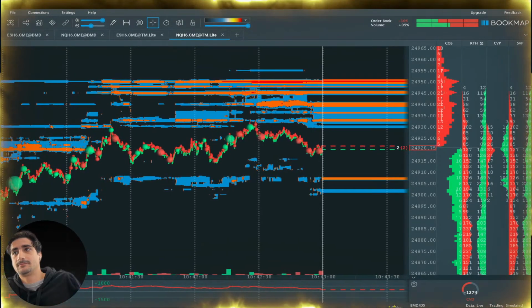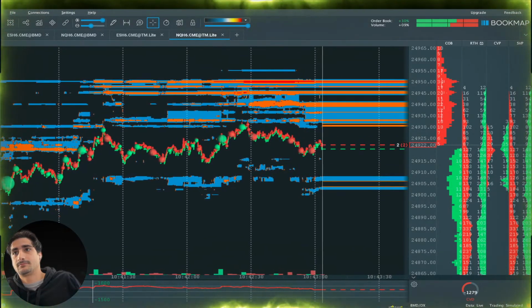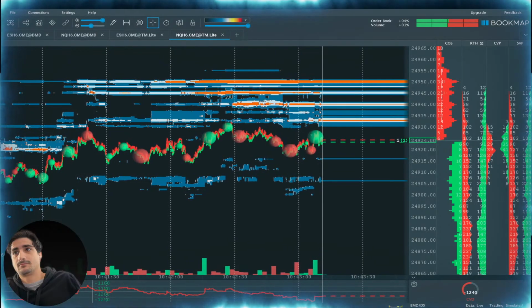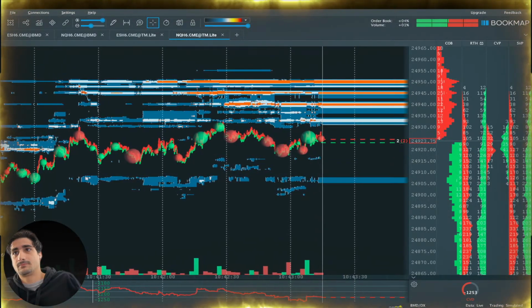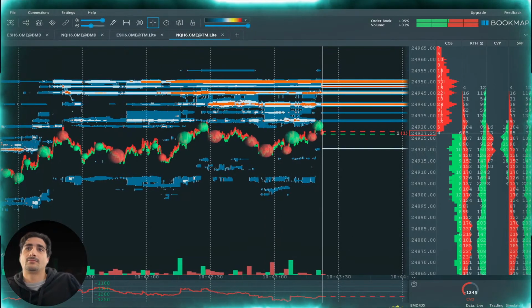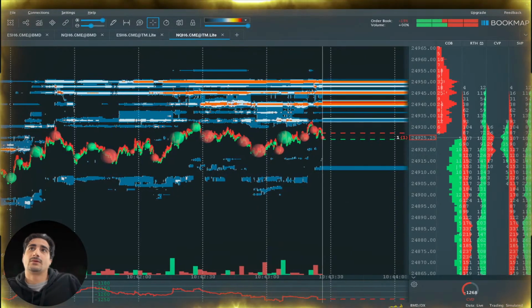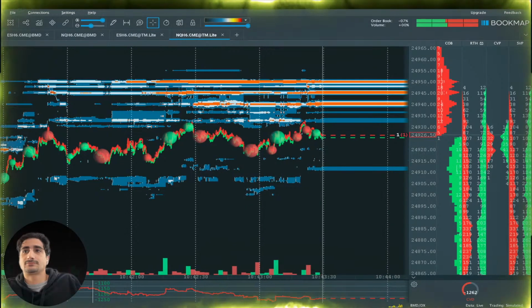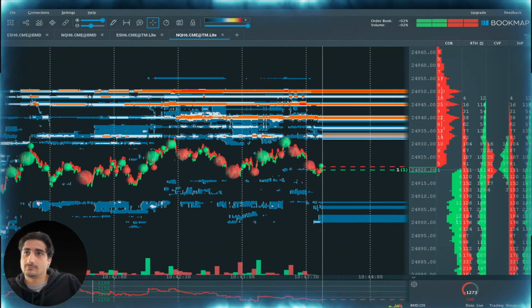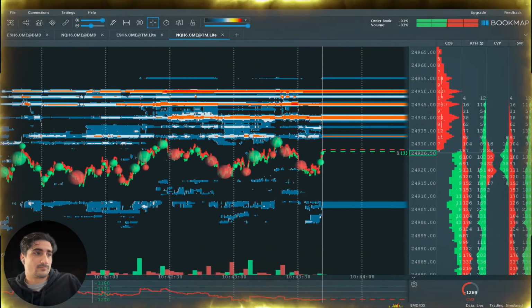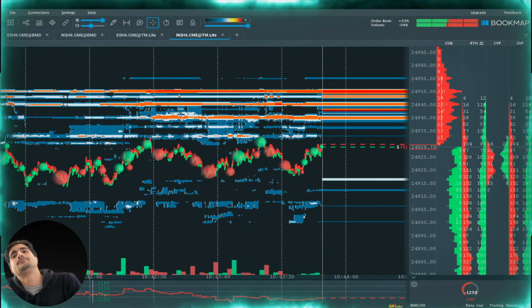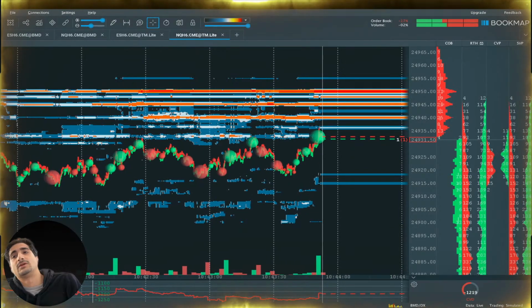So stepping. Okay, I think it was a small loss though, which is good. Oh yeah, there's a lot of liquidity higher.